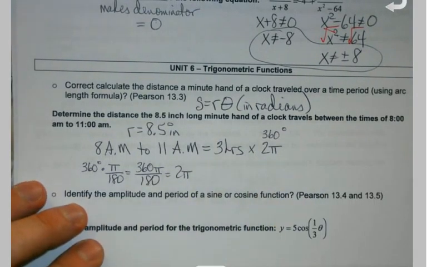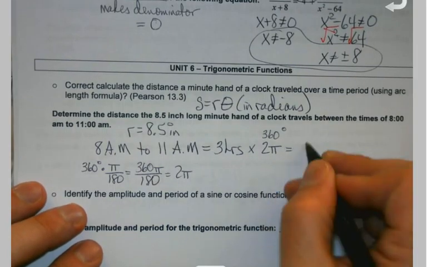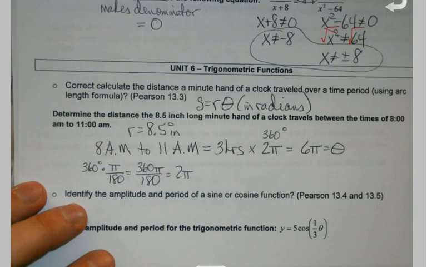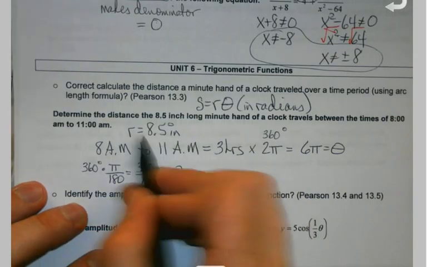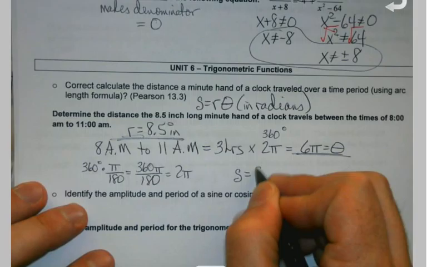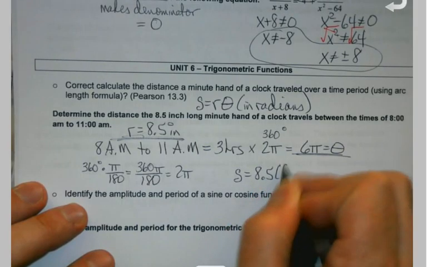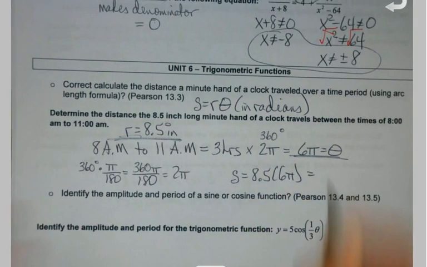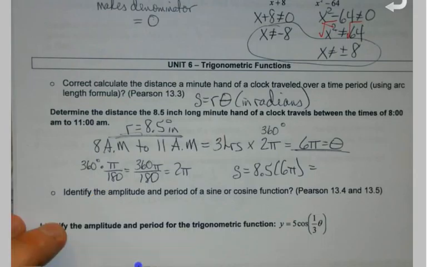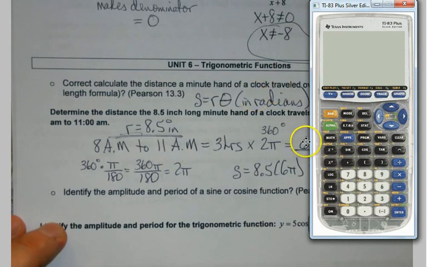So 3 hours times 360 degrees per hour equals 6 pi. That's my angle measure. Got my radius, got my angle measure. And normally, since we're talking about distance, we don't go up to somebody and say, hi, it went 8.5 times 6 pi. Yeah, probably not.